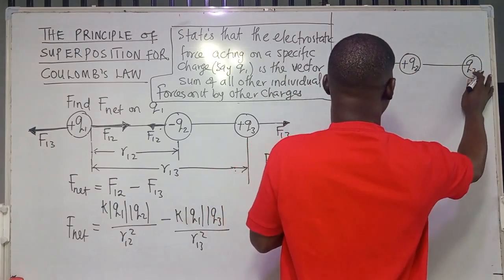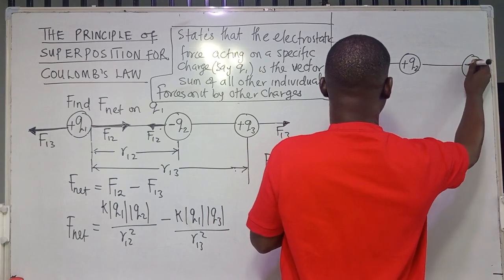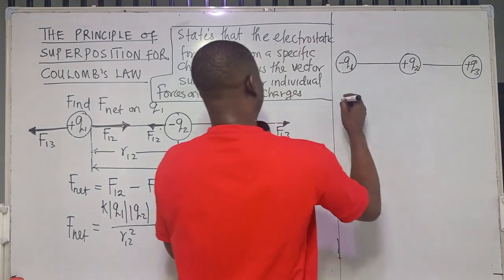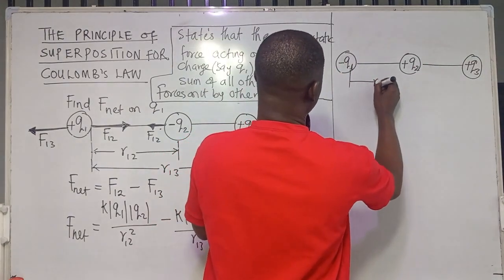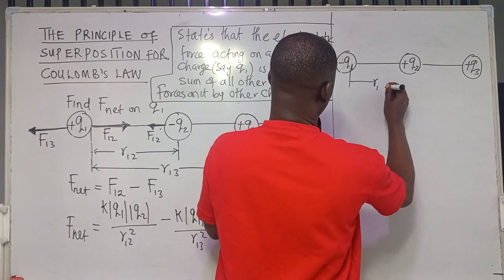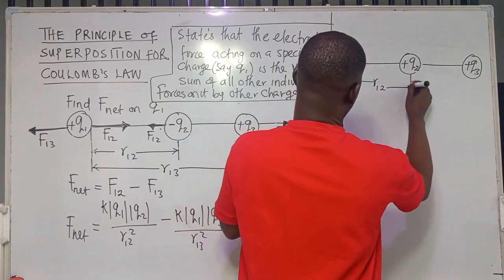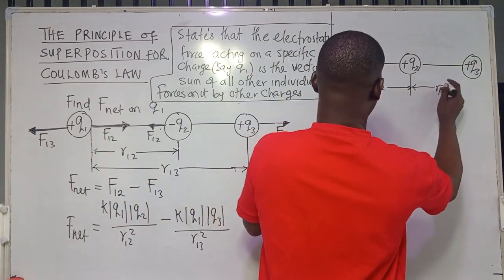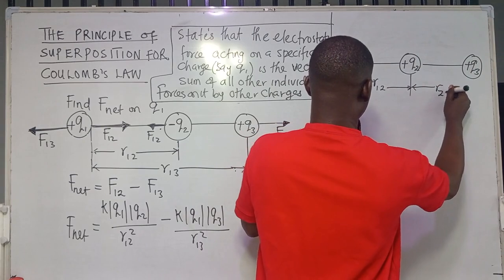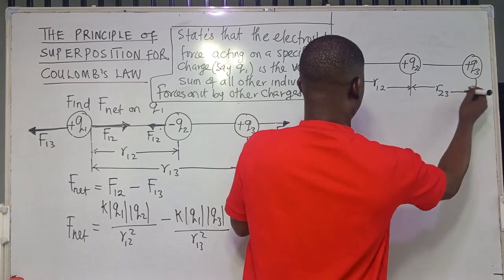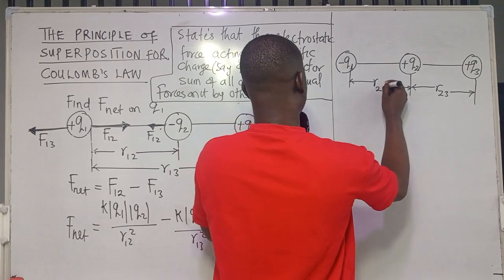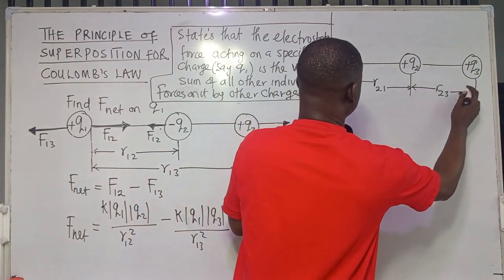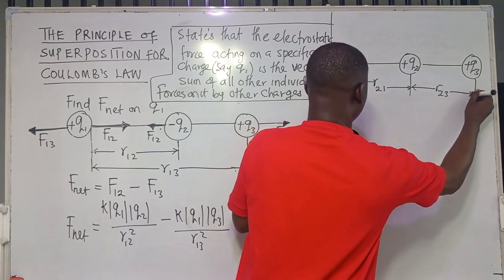And let me make this one positive Q3. For instance, let's say the distance between here is R12 and this one is R23.